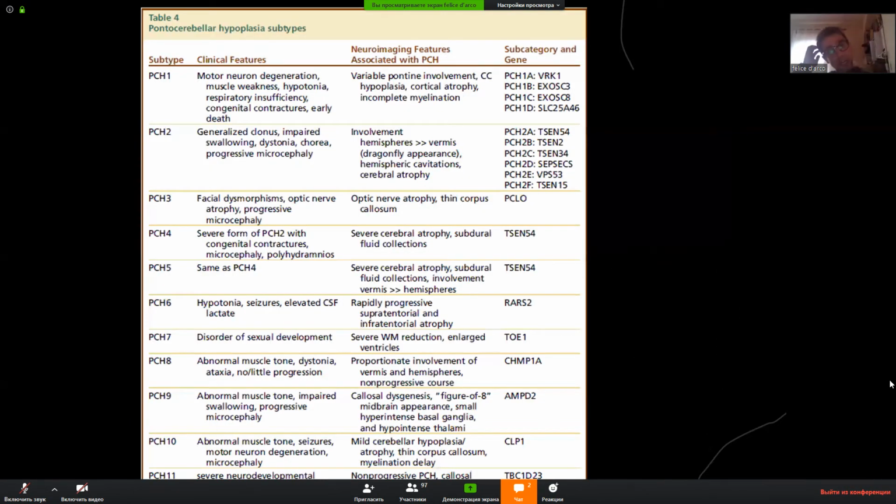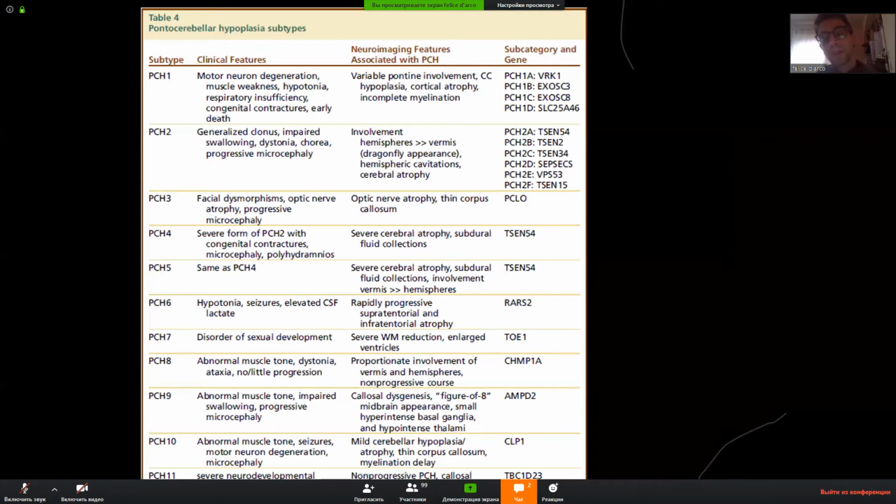This is basically a table from the same paper that I'm quoting a lot, because it's an excellent paper from Severino and Huisman about pontocerebellar hypoplasia subtypes. But remember that it is not your job to make a genetic diagnosis, also because some pontocerebellar hypoplasias, like type 4 or type 5, actually have the same gene, and type 2 also has SEN54.